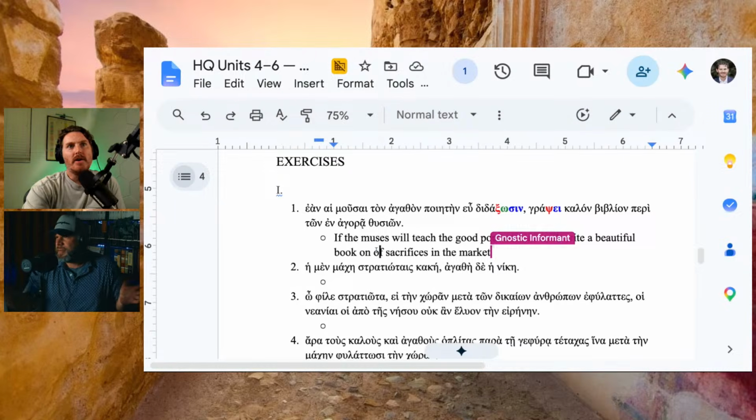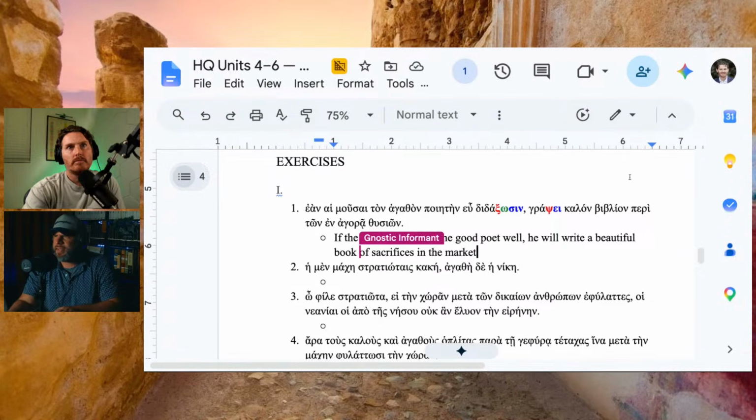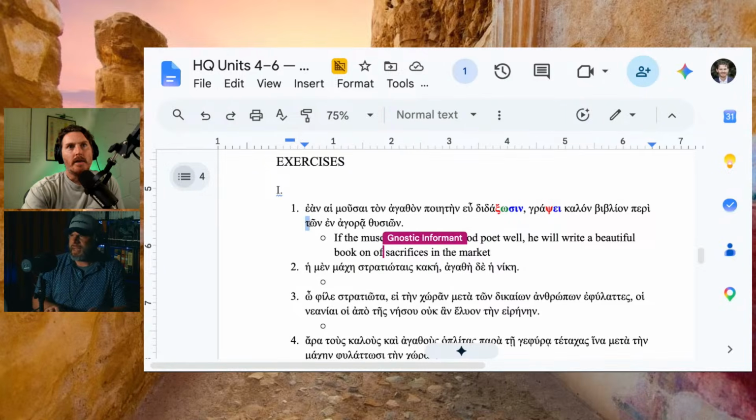You have "on of," so that's a little awkward. A book of sacrifices. He will write a beautiful book on, as we just discussed. So a book on sacrifice, and then it's "peri ton thusion," that's genitive. But remember, there's "ton" here.